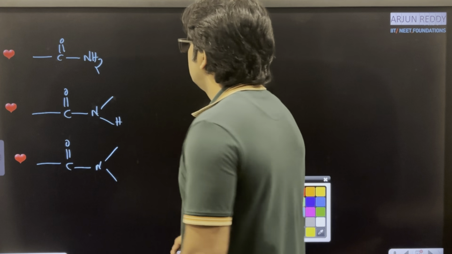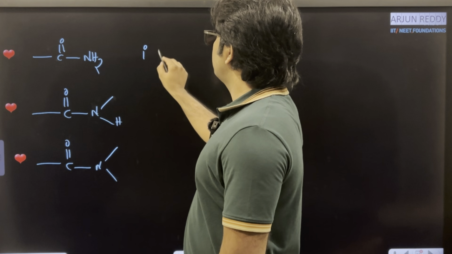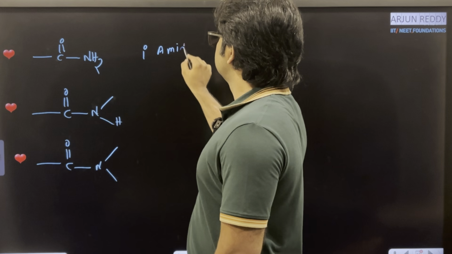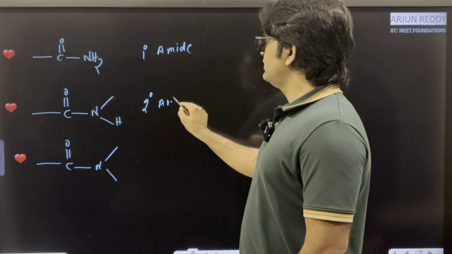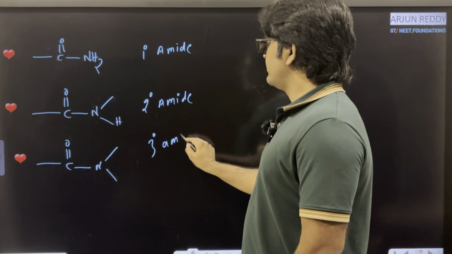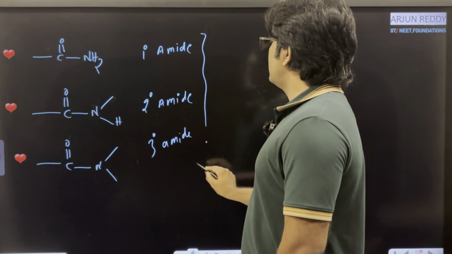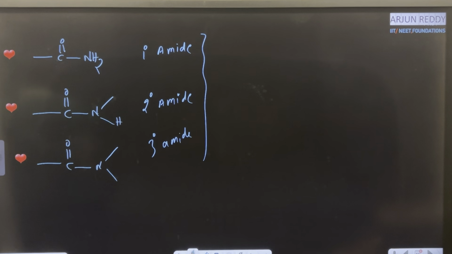Now, what about this one? Primary acid amide or primary amide, 1 degree amide. This one is 2 degree amide. Next, 3 degree amide. These three are considered different functional groups. Very, very important.